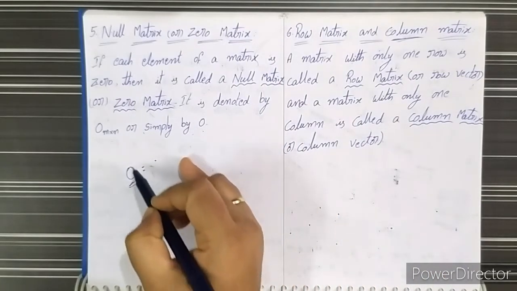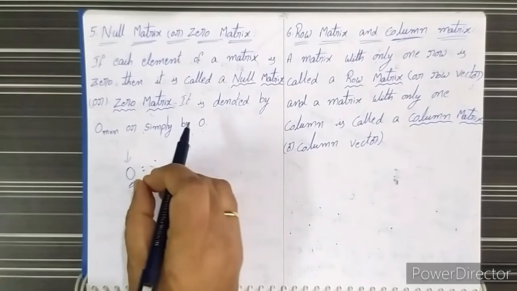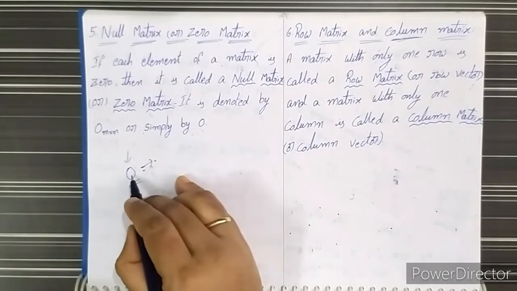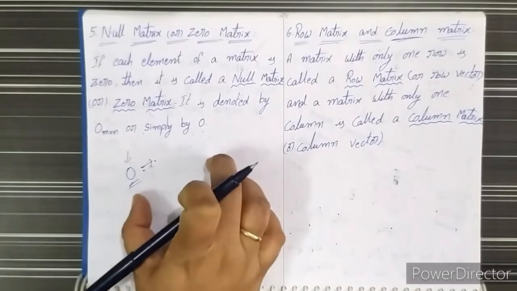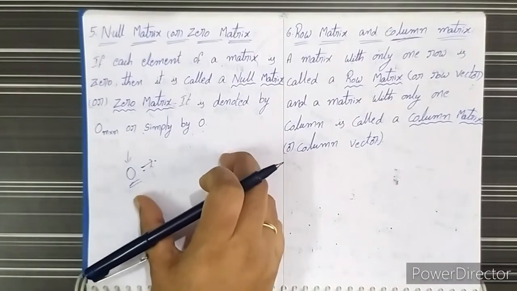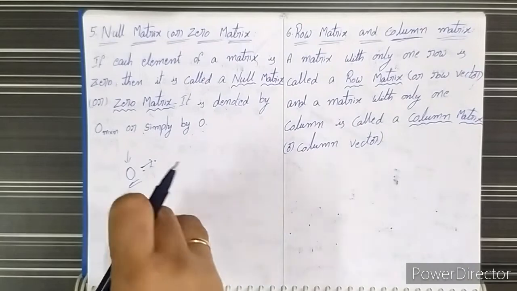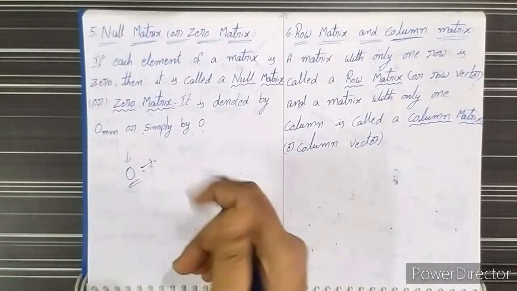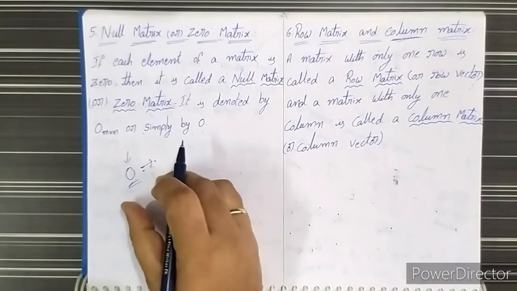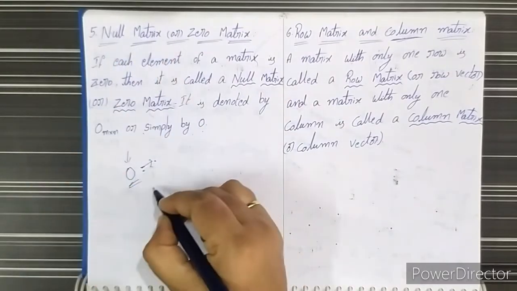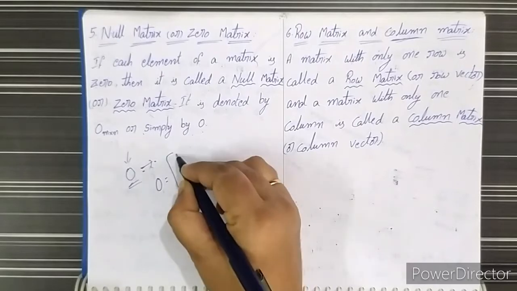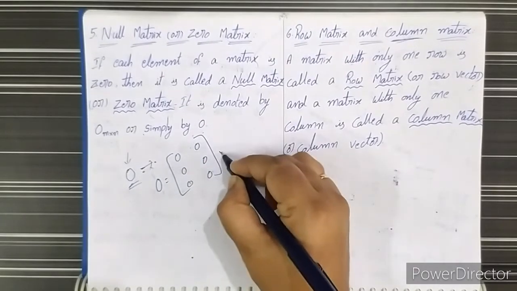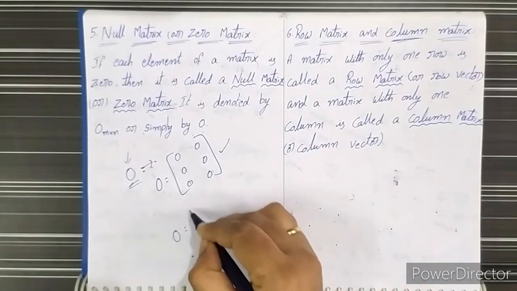In a null matrix, is it a square matrix or not? In any case, null matrix means all the elements of the matrix are 0. Whether it is a square matrix or not a square matrix, that is not a problem. This is not a square matrix, but this is a null matrix.